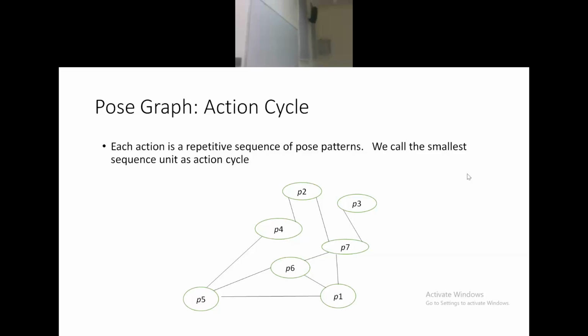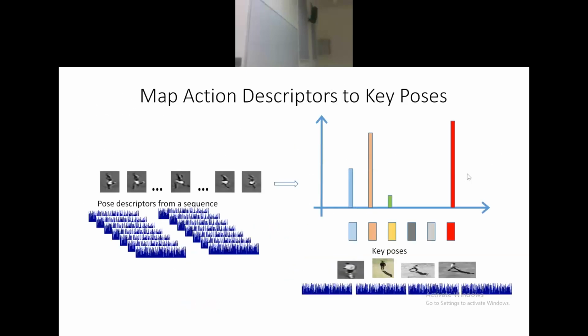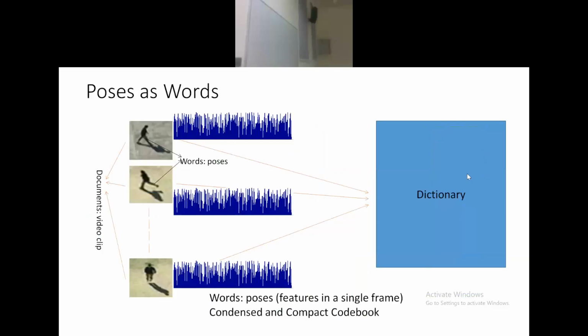So if an action unit is very central, with a high centrality value, then that can be used to identify the action. The others are all kind of eccentric, not very peculiar or particular. So this is how we have done pose ranking and used this.